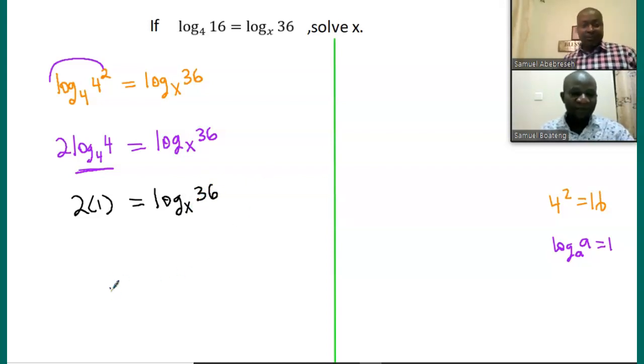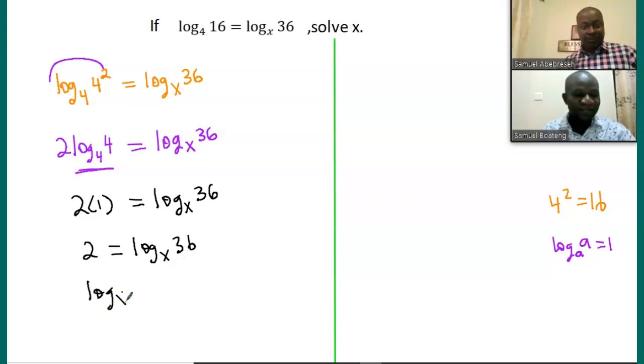And this, we can use the definition of logarithm. So by using the definition, 36 is equal to x to the power 2.